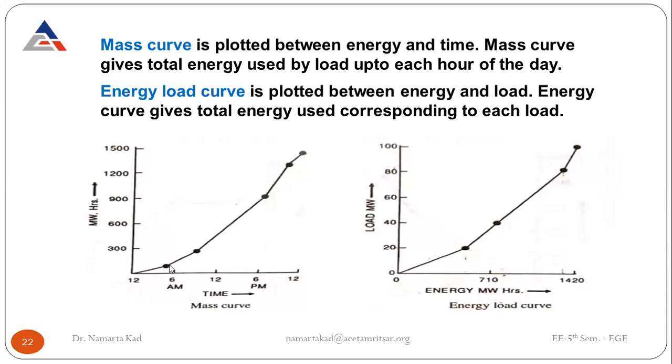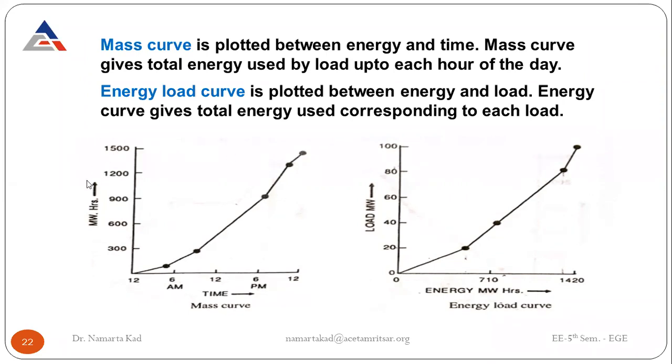Like up to approximately 5 a.m., the energy consumption is approximately 100 megawatt hour. Around 9 a.m. it is approximately 300 megawatt hour. Around 7 p.m. it is around 900 megawatt hour, like this.